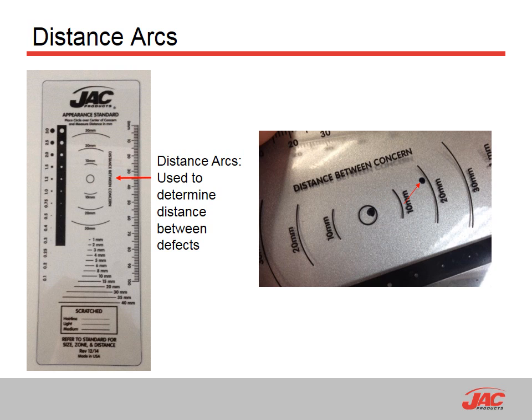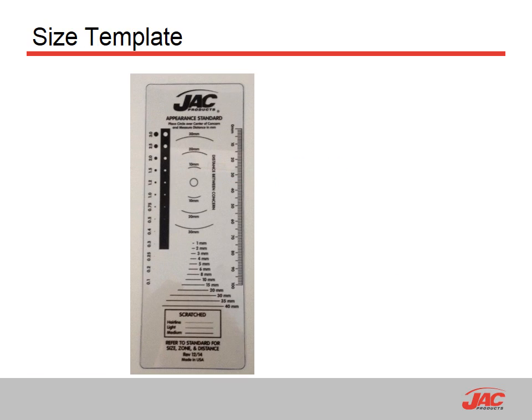Next, look at the edge of the defect closest to the defect in the inner circle. If we wanted to know if the defects were greater than 10 millimeters apart from each other, we would ask, is the edge of the second defect outside of the 10 millimeter arc? The answer would be yes, so we can conclude the defects are more than 10 millimeters apart from each other.